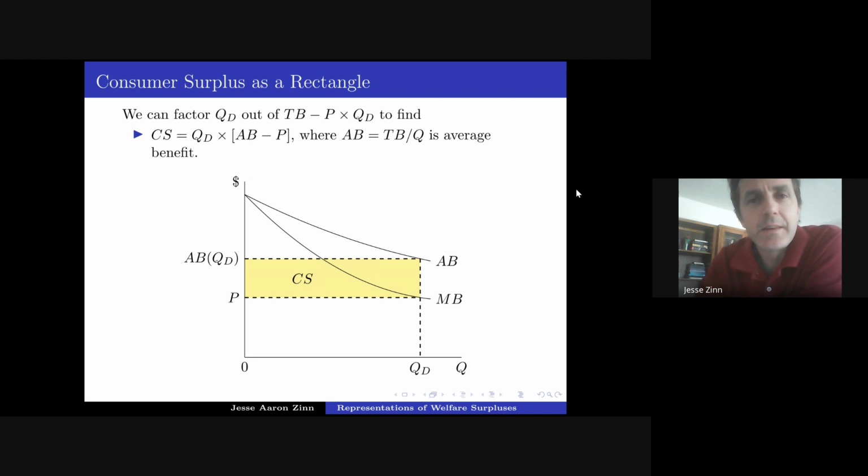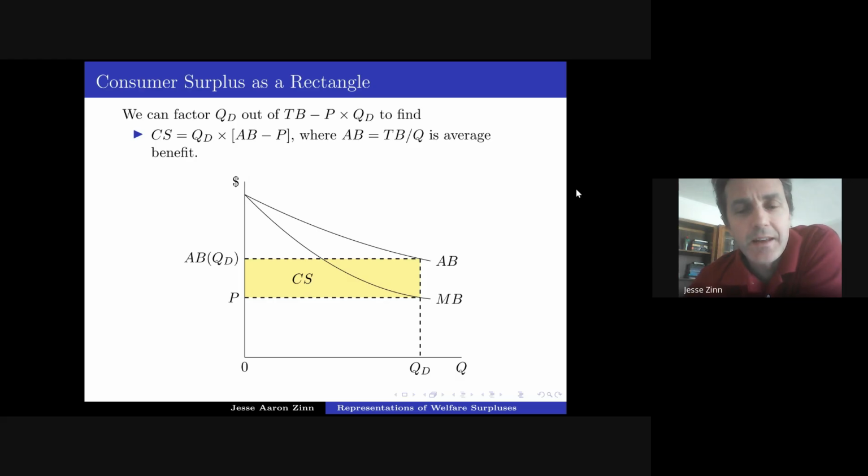And of course, we can do a similar exercise where we find a rectangle, the area of a rectangle representing consumer surplus. Like I was showing before, consumer surplus is the total benefit minus what they spend. If we factor out the quantity demanded, then total benefit divided by quantity demanded is the average benefit per unit of output they're buying, minus the price.